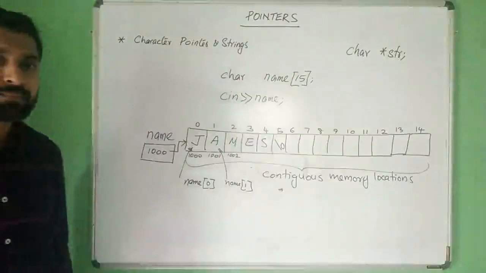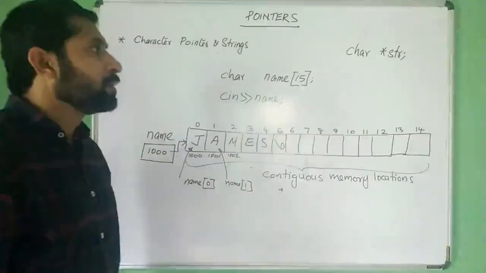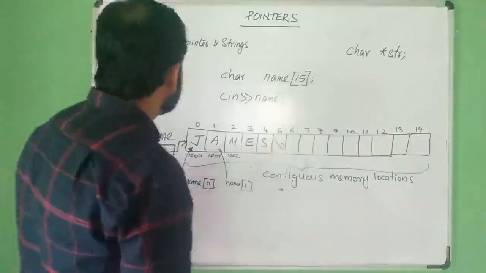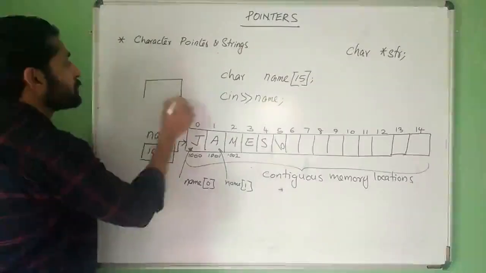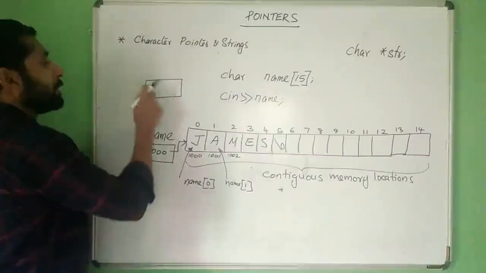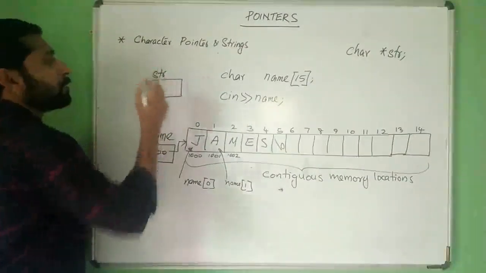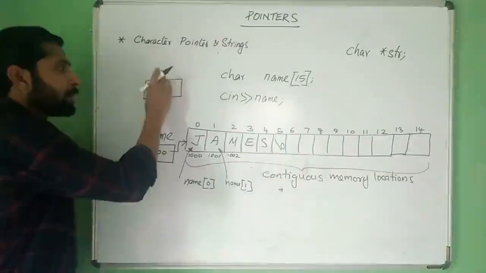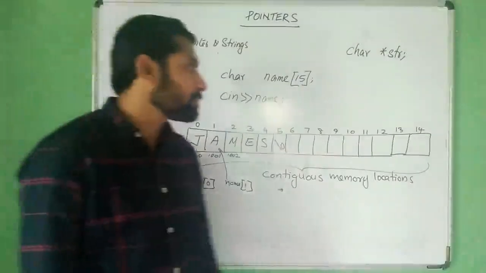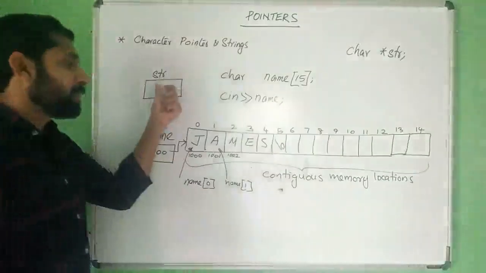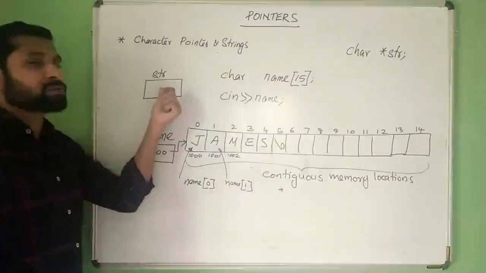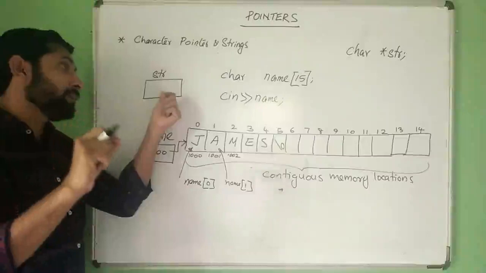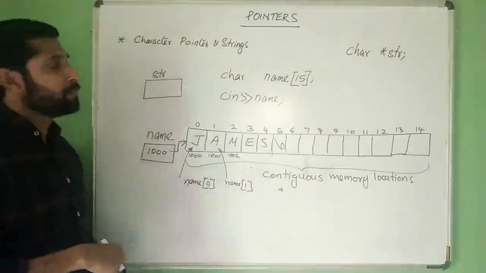It's a pointer. So what happens in memory? It will create a variable that can hold the address of a memory location. What kind of memory location? Address of a character type data memory location.